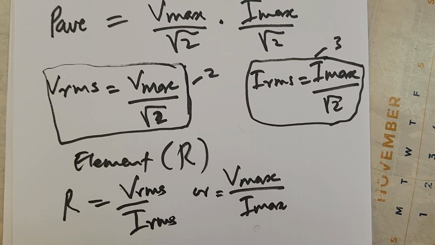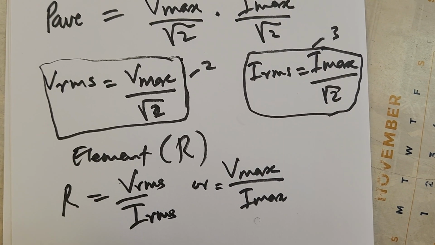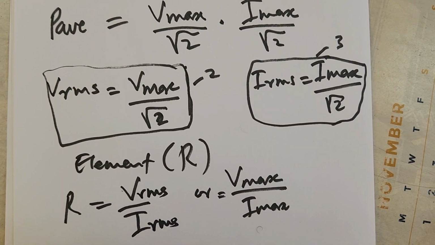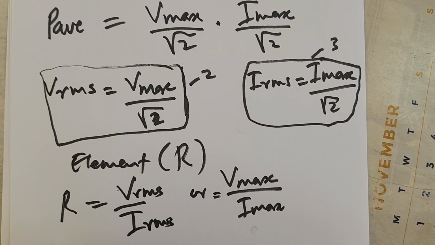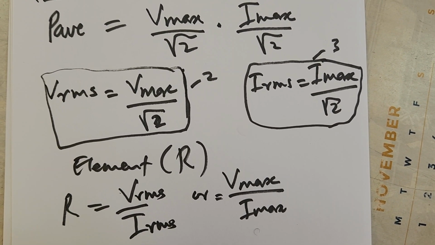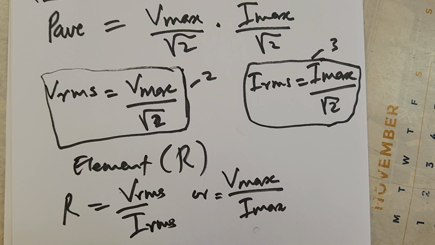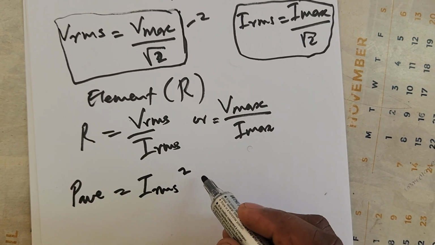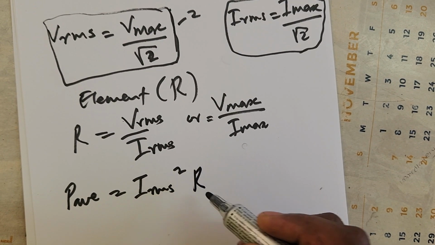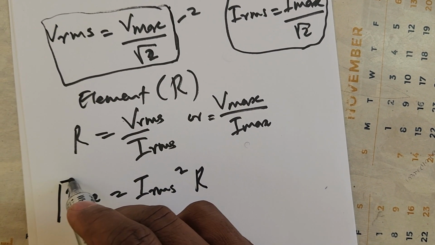Out of this formula, using Ohm's law, we can now say the power in the appliances will be the average power. If we use Ohm's law, then we'll have I RMS squared multiplied by R. This is another formula.